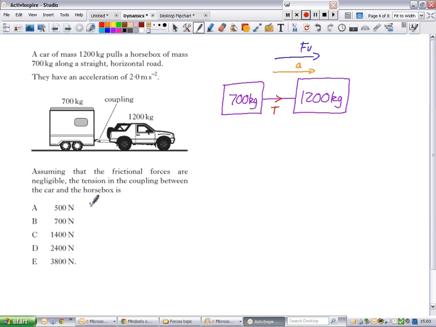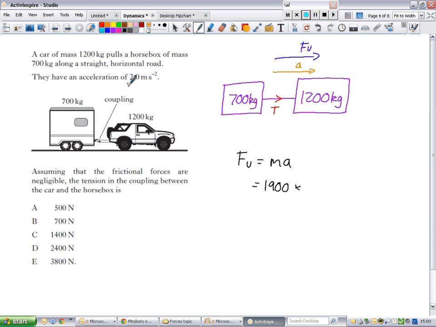The first thing I would do is calculate what the unbalanced force acting here is. So F equals MA. Both of those things are joined together, so they're effectively acting like one combined object, so you can add your masses together. You end up with 1,900 kilograms multiplied by an acceleration.